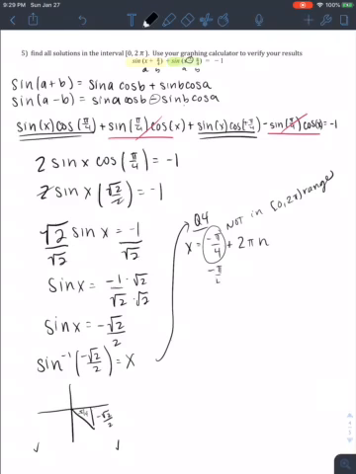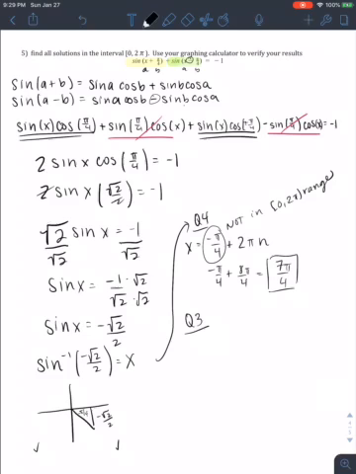So negative pi over 4 plus 8 pi over 4 is equal to 7 pi over 4. This is one of my answers. So one angle, 7 pi over 4, is going to give me a ratio of negative root 2 over 2. Okay, so now we have to figure out quadrant 3.